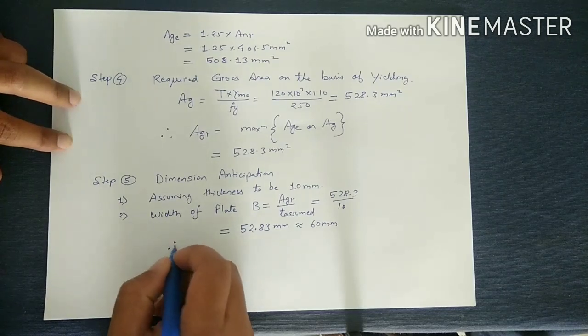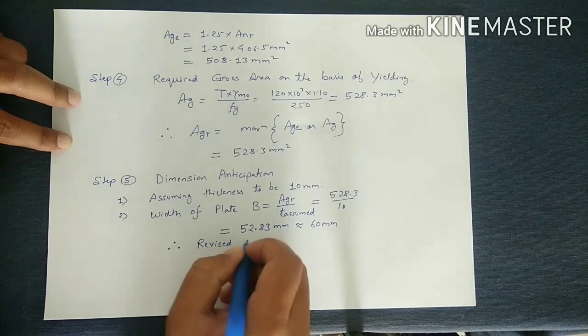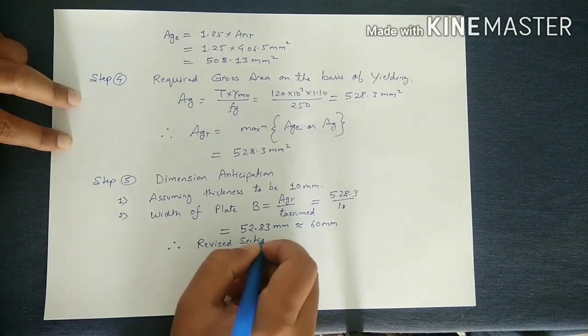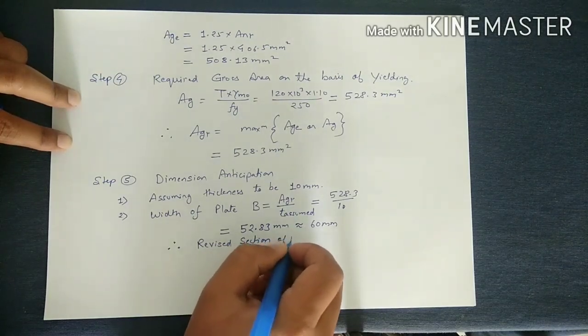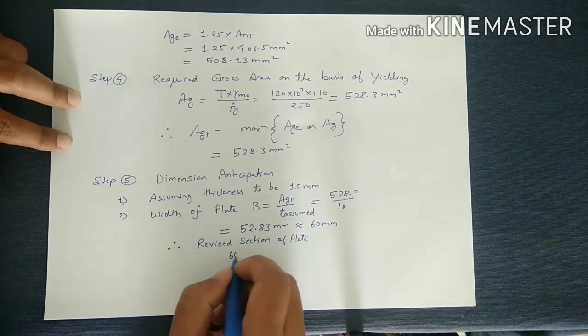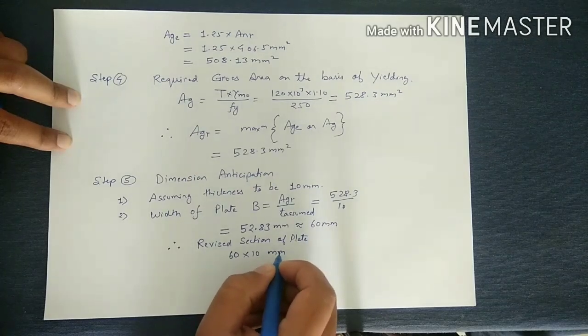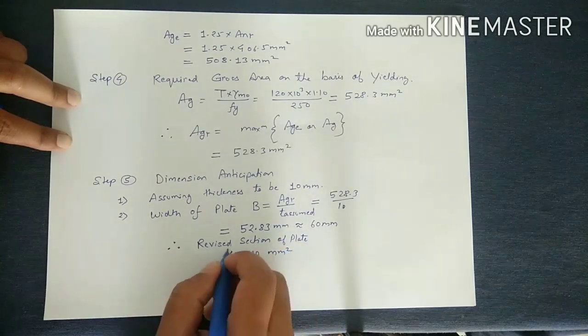Therefore, the revised section of the plate becomes 60 into 10 mm square.